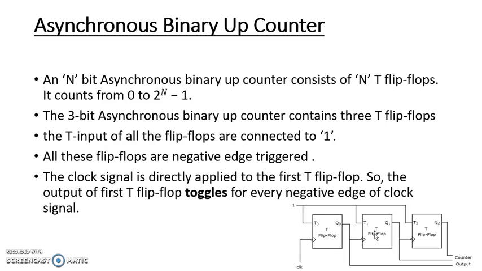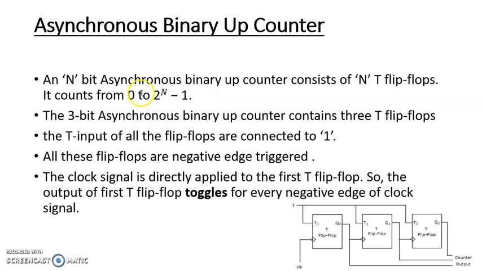Now we will see what a binary up counter is. An up counter counts the clock pulses in incrementing order, from 0 to the maximum value. In this case we are using a 3-bit counter, so the maximum count will be 7, from 0 to 7, which is 2 power n minus 1.